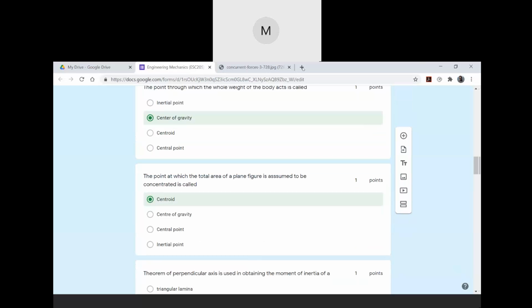Next one is the total area. The point at which the total area of a plane figure is assumed to be concentrated is called the centroid. Now, the center of gravity and centroid are two different terms. Remember, don't get confused.